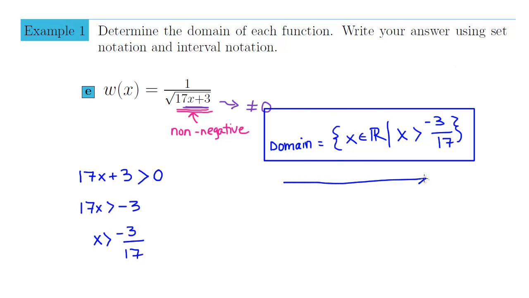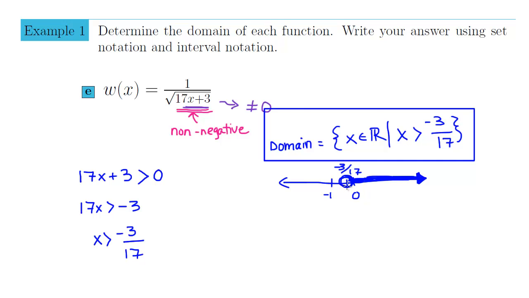In interval notation, we want to refer to the number line. Negative 3/17 is part of the way between 0 and negative 1, so let's approximate it right here. So we have negative 3/17, and we want to consider all x values that are greater than negative 3/17. So that's everything on this side. And it stays open because we are strictly greater than.